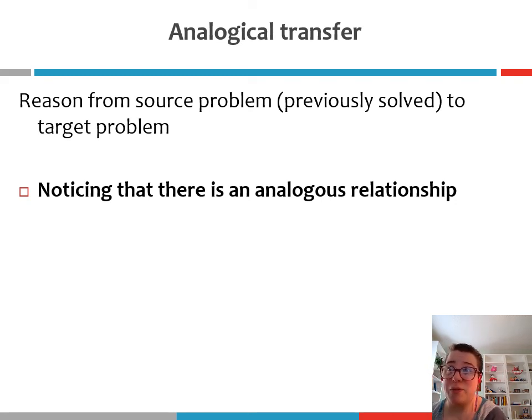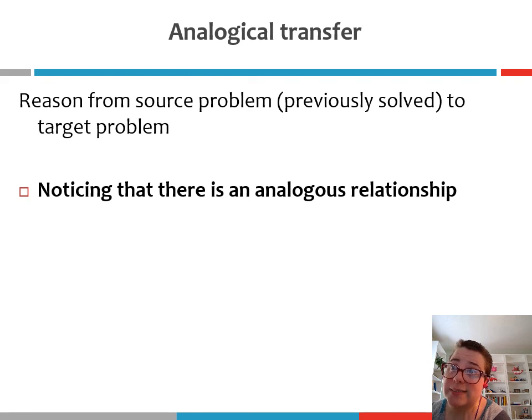However, as I've talked about, most participants need some kind of prompting before they notice the connection between the source problem and the target problem, right? So Gick and Holyoak consider this noticing step to be the most difficult of the three steps.